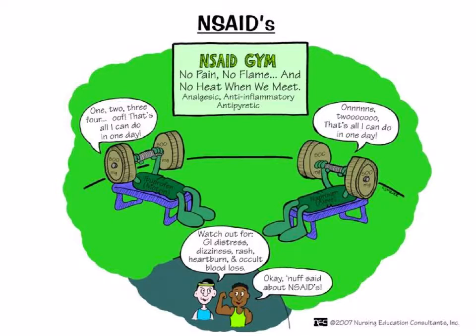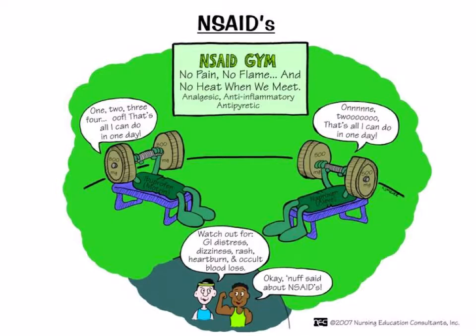COX-2 interferes with decreased inflammation, fever, and pain. All NSAIDs have the analgesic principle effect with it, as well as antipyretic, so it takes care of fever, in other words, and anti-inflammatory, the pain with inflammation like a sore wound. So aspirin is an example of a NSAID which has all these qualities.